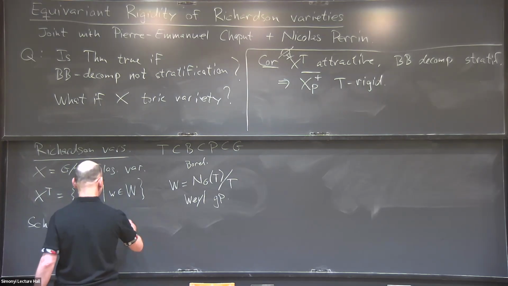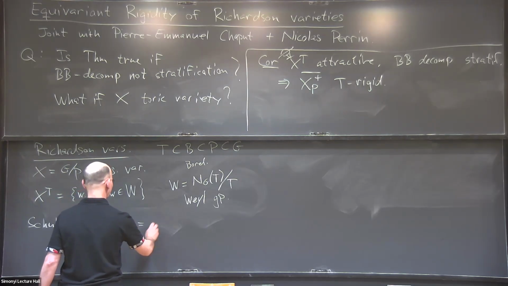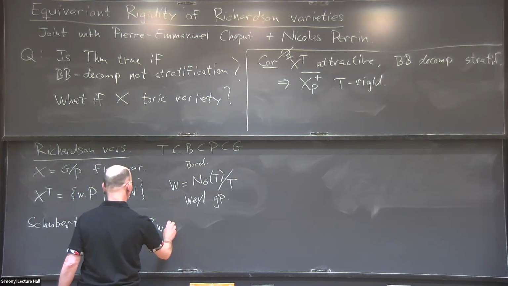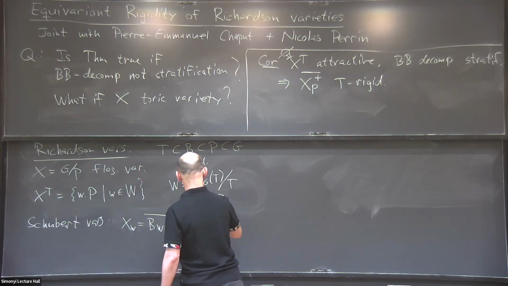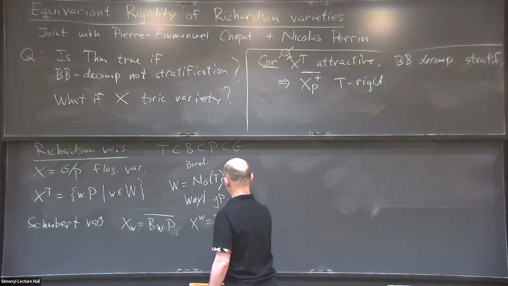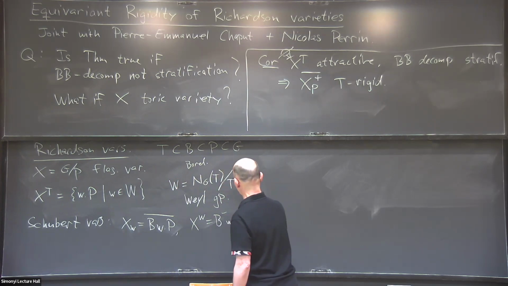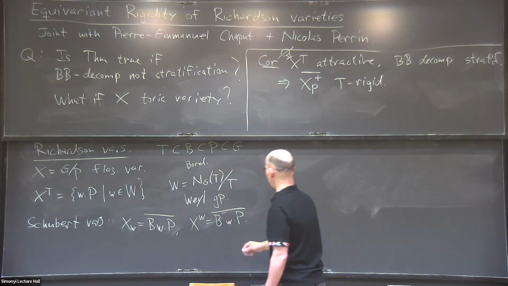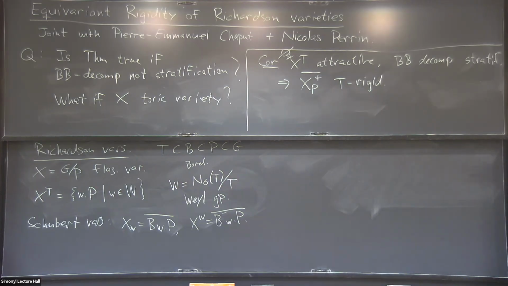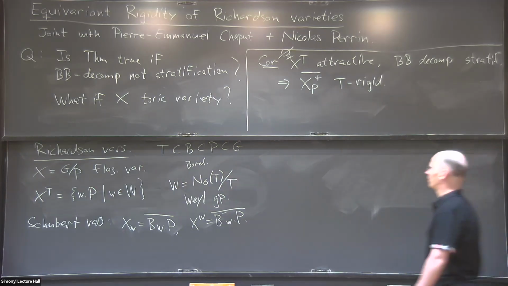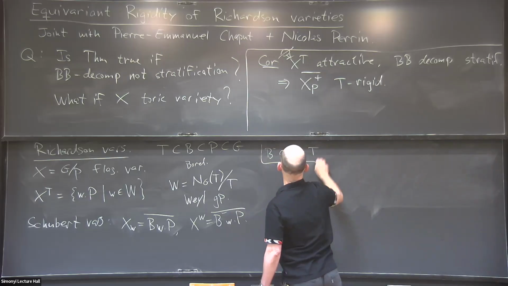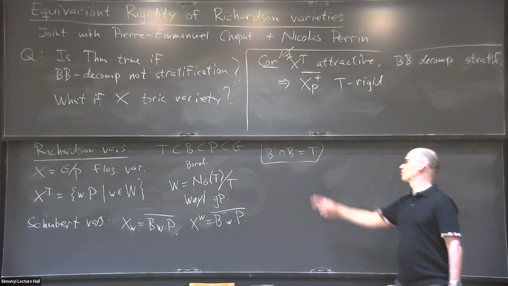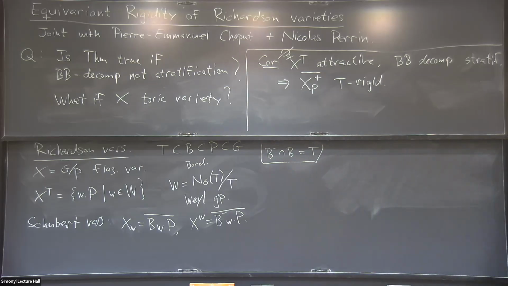So let's see, X lower w would be the B orbit of the fixed point given by w, and X upper w is the B minus orbit for the fixed point defined by w. B minus is of course defined by the unique other Borel subgroup, so that this intersection is the maximal torus.